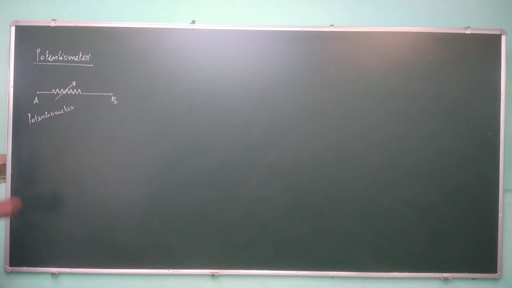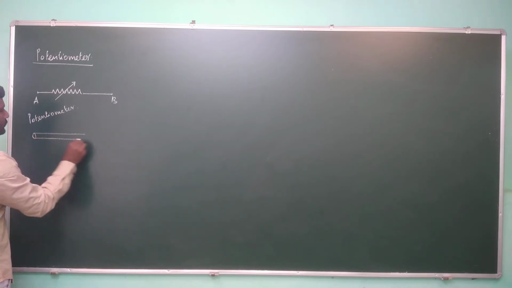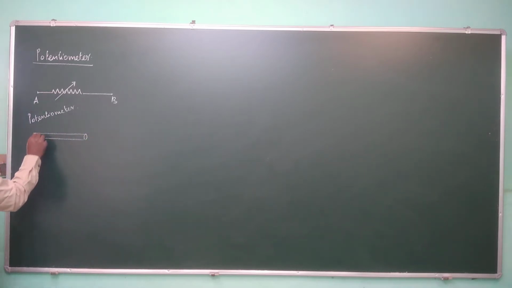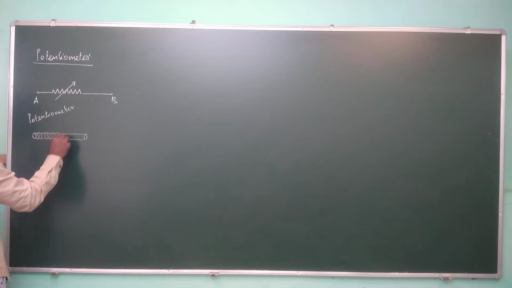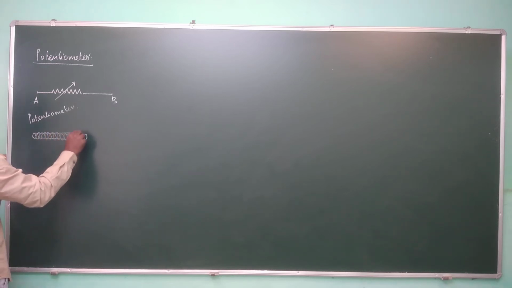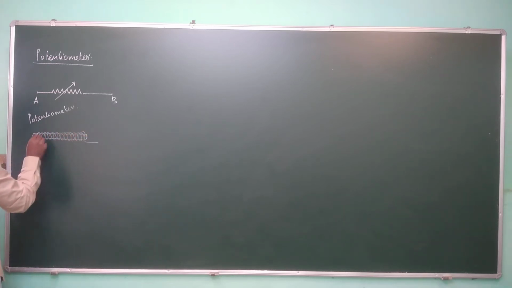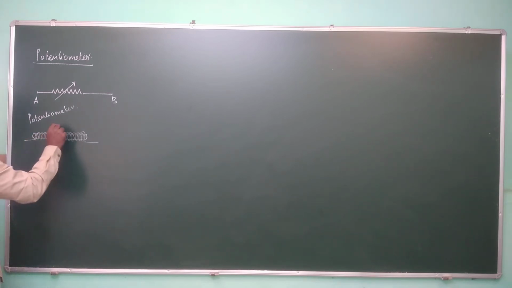And how do we achieve this variable resistance? You could achieve this simply by taking a cylindrical base and winding a wire having significant resistance per unit length. Assume that this has resistance rho per unit length.